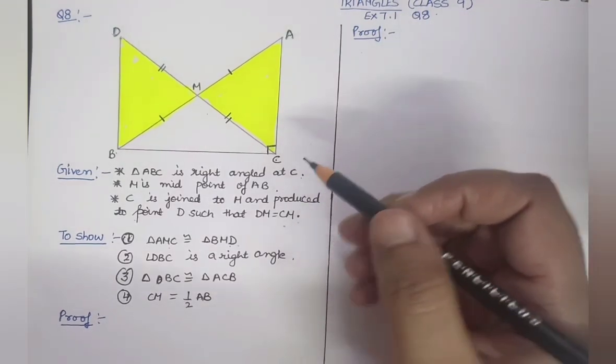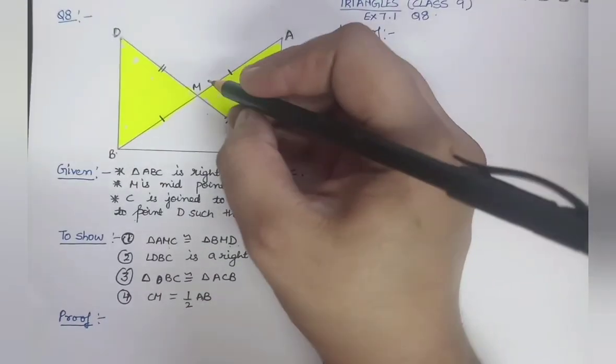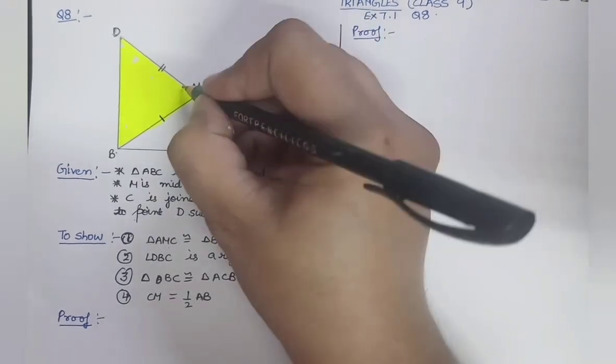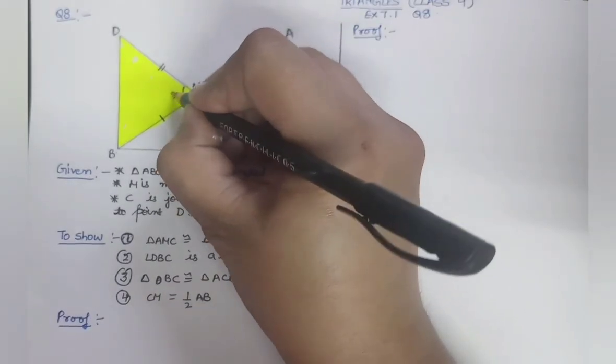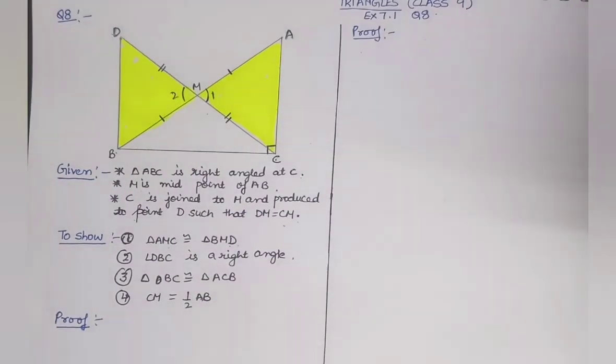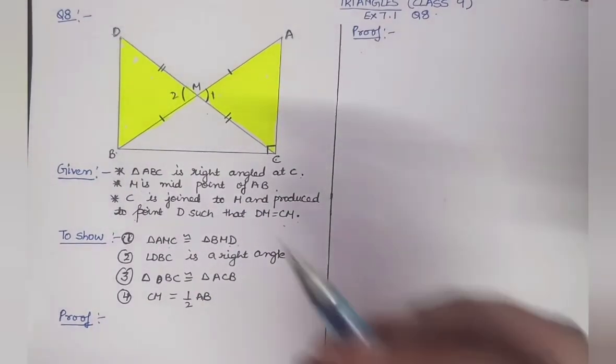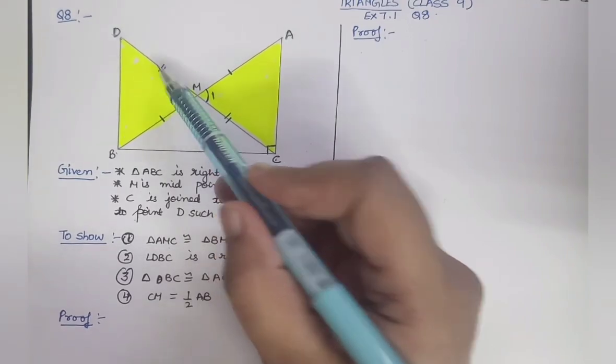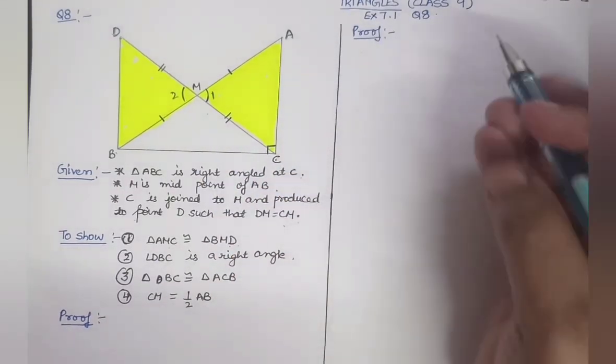And for the third matching part, I can see that there are two angles which are equal, that is angle 1 is equal to angle 2, and these are nothing but the vertically opposite angles. So the two triangles become congruent by the side angle side congruency rule.